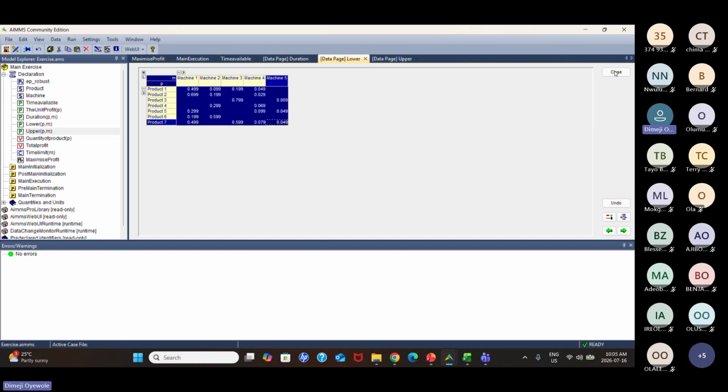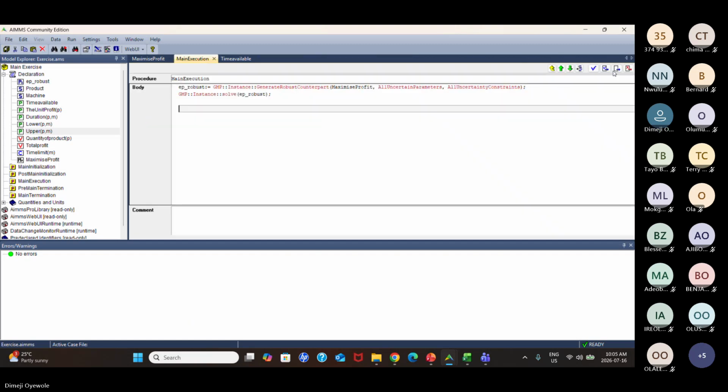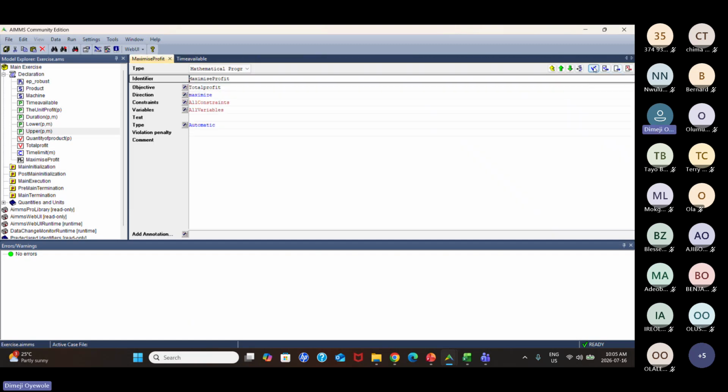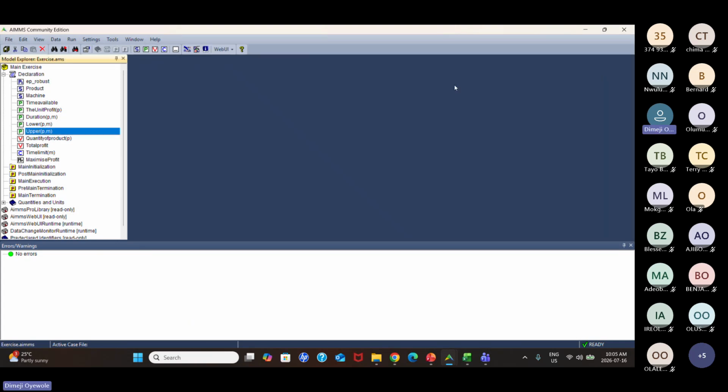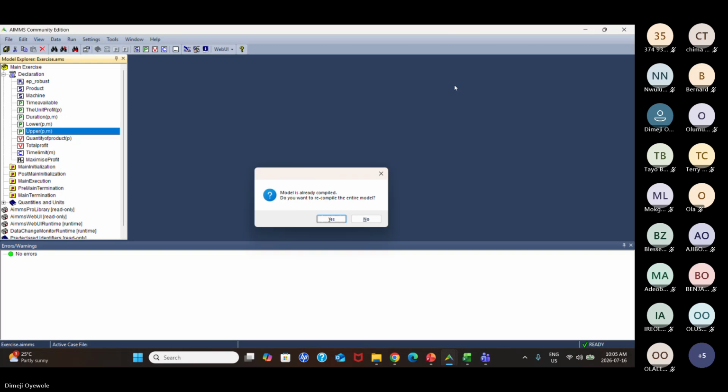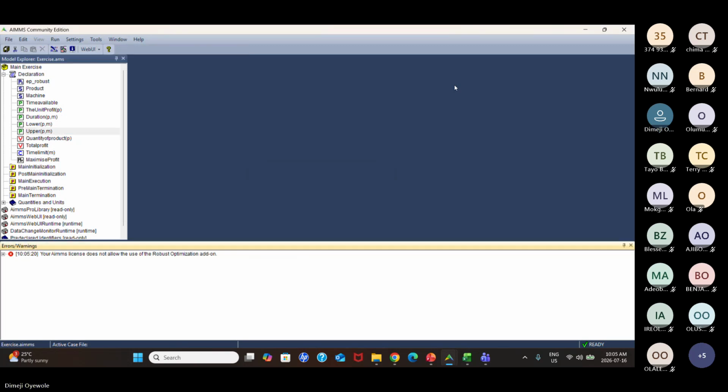So once you've done that, you check and commit, everything is fine. Then you run your model. So my license does not have the use of the robust optimization add-on. So yeah, assuming I have the add-on, it's just going to give me the results.